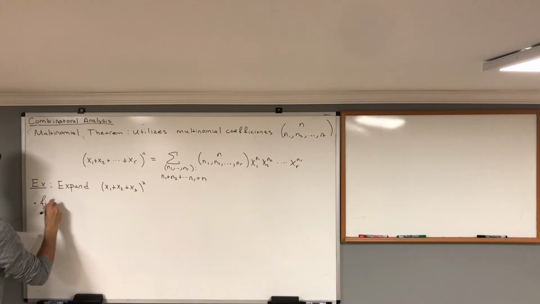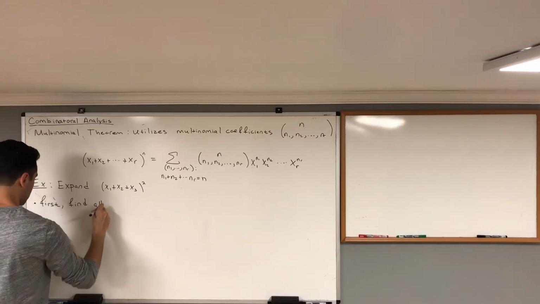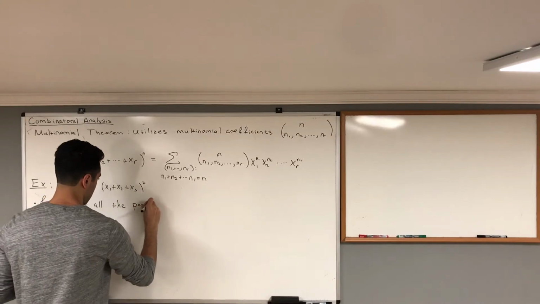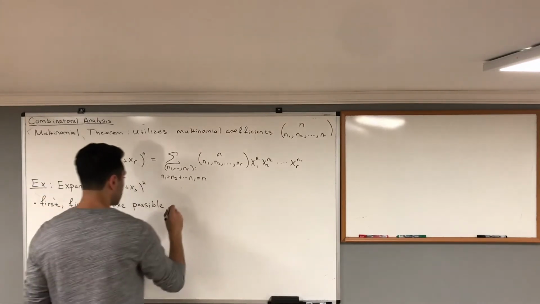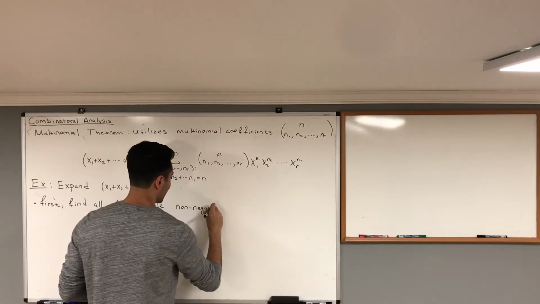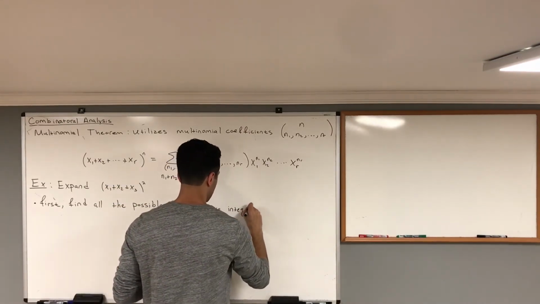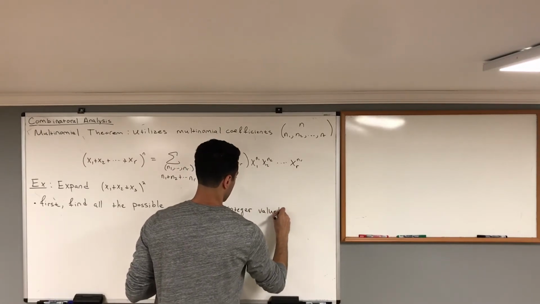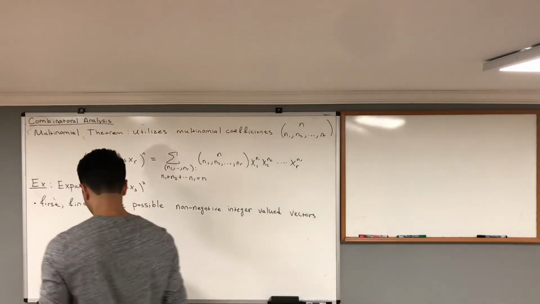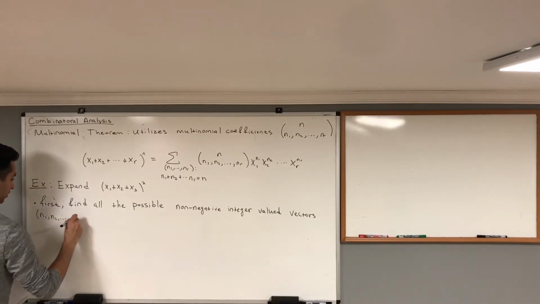First, find all the possible non-negative integer valued vectors, which are this list, n1, n2, comma, all the way to your last one.